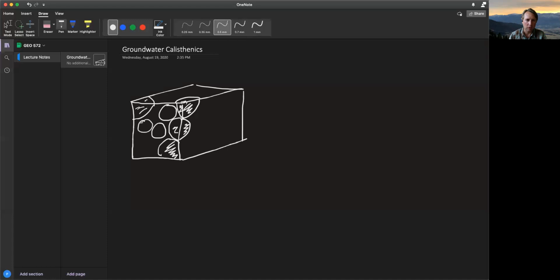And in between these rock grains, we've got pore space.